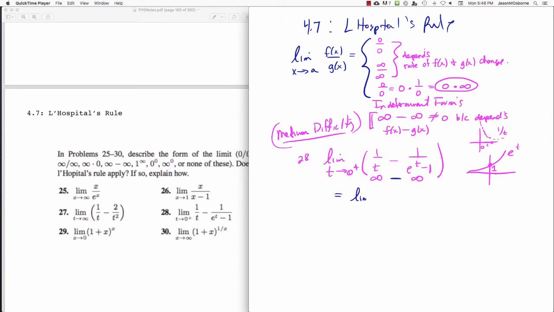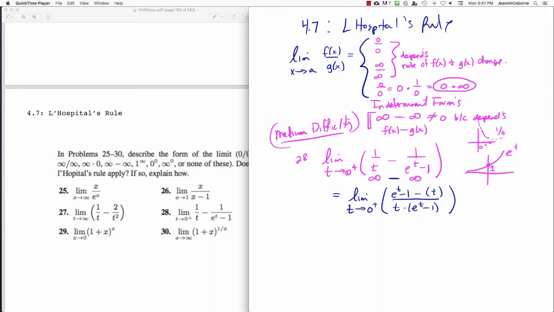The way to approach this problem is to take the limit as t goes to 0 from the right and get a common denominator. We'll get e to the t minus 1 minus t over the common denominator, which, after a little bit of algebra, turns into e to the t minus 1 minus t over t times e to the t minus 1.